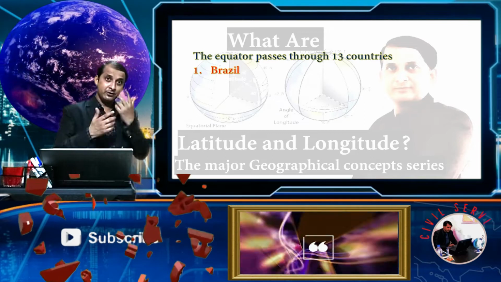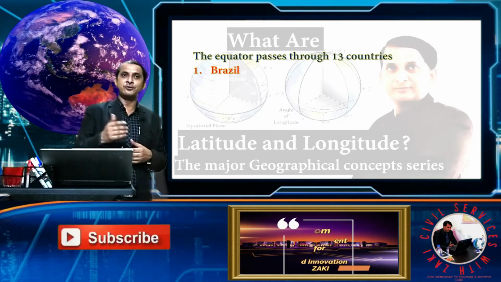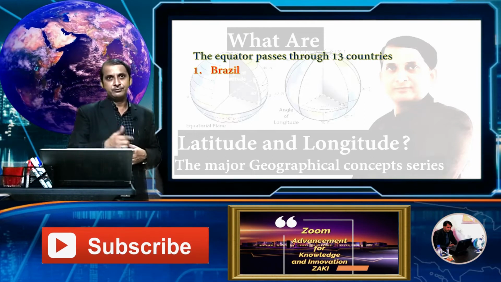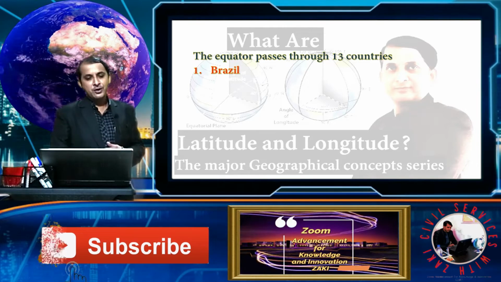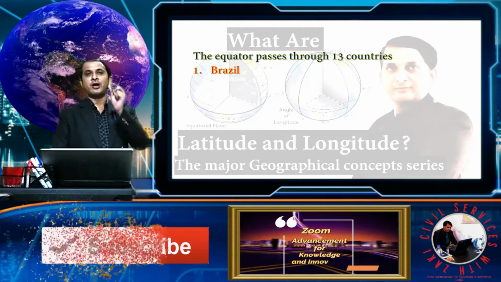As you know, this year also they asked a question from the map, such as the Black Sea. So the equator passes through 13 countries.